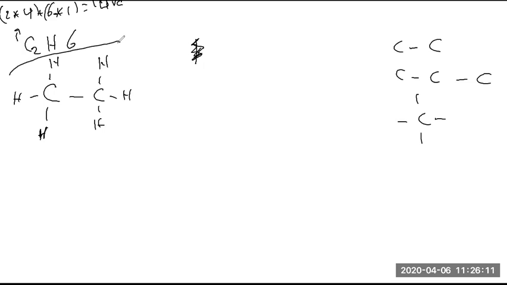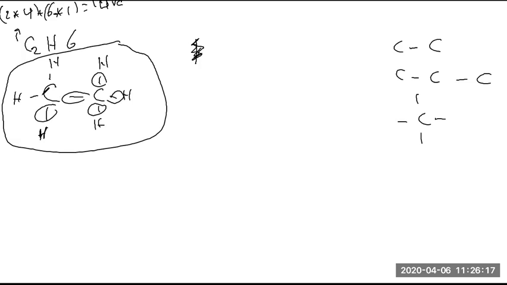Okay, I make the connection. How many bonds did we use? 1, 2, 3, 4, 5, 6, 7, minus 14. What is left? 0. Nothing left. I leave it like this, and this is the Lewis structure for C2H6.